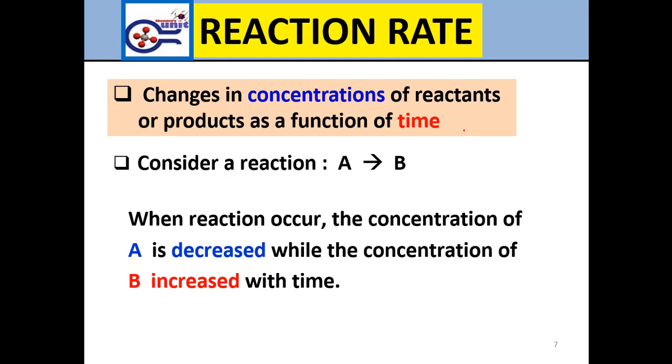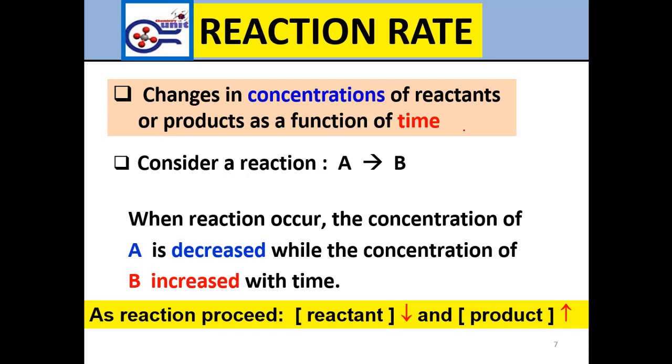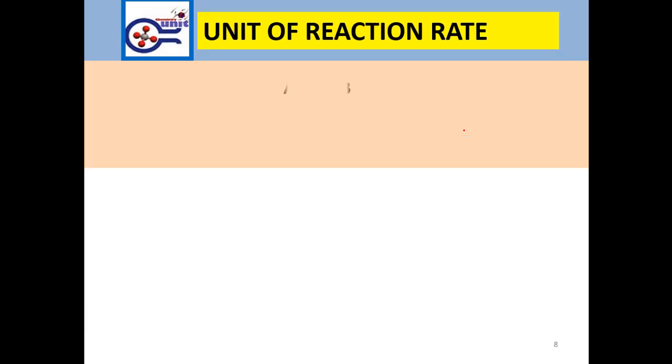Concentration of A is decreased dan concentration produk kita pula akan bertambah, while the concentration of B increases with time. So as the reaction proceeds, the concentration of reactant akan berkurang dan concentration produk akan bertambah.